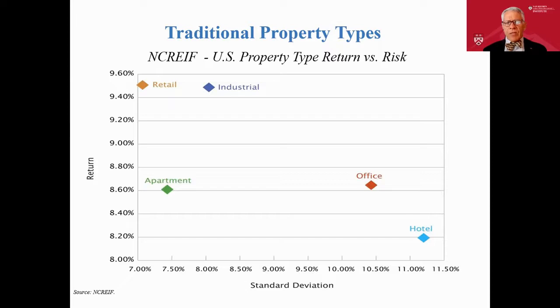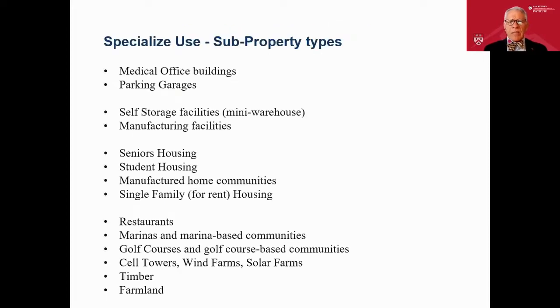And that has now kind of morphed or expanded over the last couple of years. If you go to the next slide, DJ, we will see that we now have added a lot of specialized sub-property types.